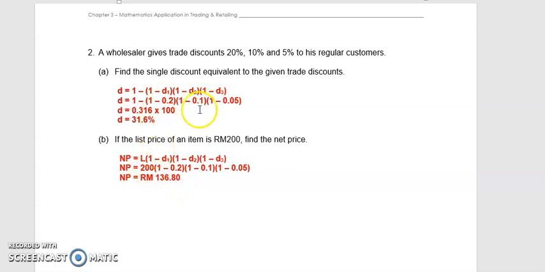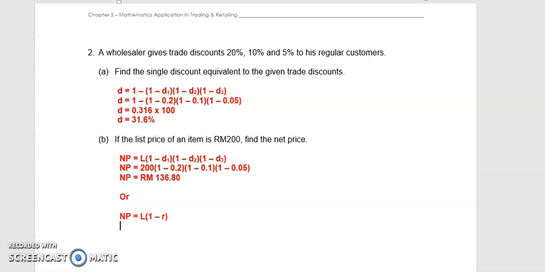Okay, just now we already learned about single discount equivalent to chain discount. Instead of using this long formula, what you can do is use the single discount equivalent. So we can use NP equal to L multiplied by 1 minus R. Okay, 1 minus R or 1 minus D is still the same.